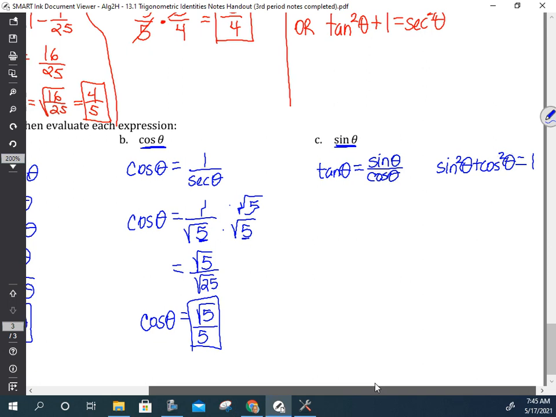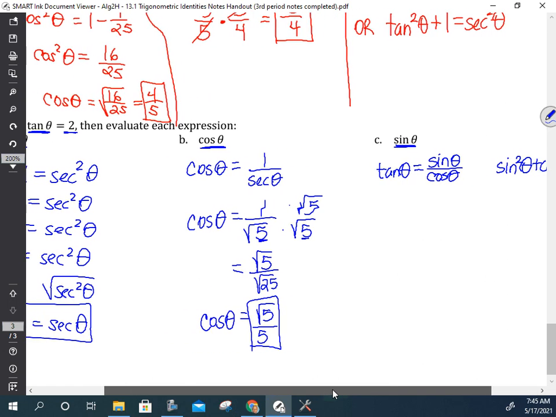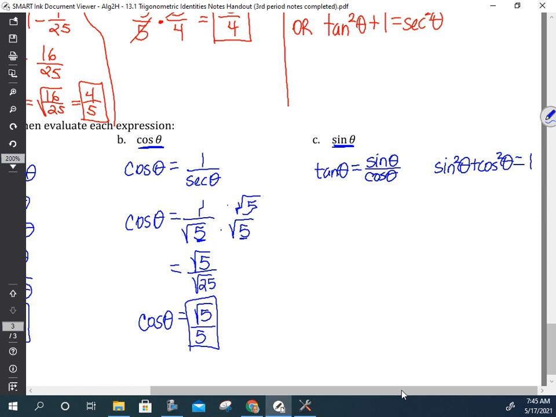So let's first use tangent and cosine. Tangent is 2. Sine we don't know. Cosine is square root 5 over 5. Of course, we don't want this in the denominator, and for all intents and purposes, you're dividing by a number.